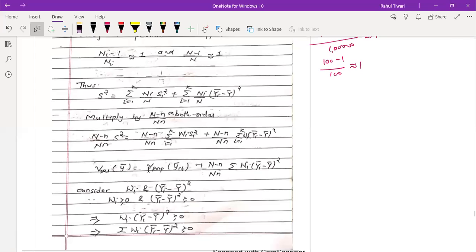But if it is less, then it will be lesser. So we need to check whether it is positive or negative.